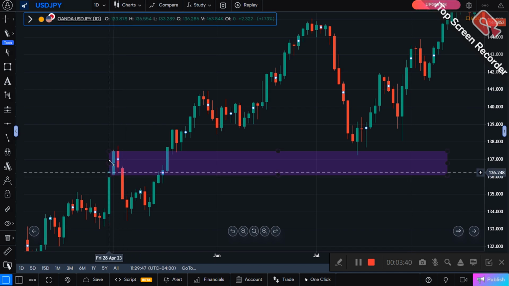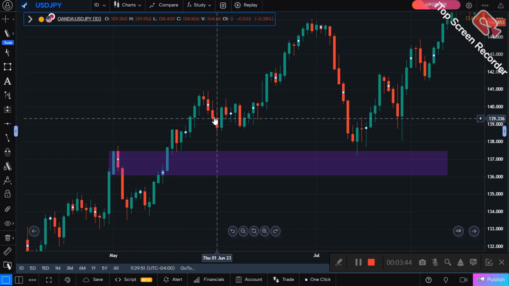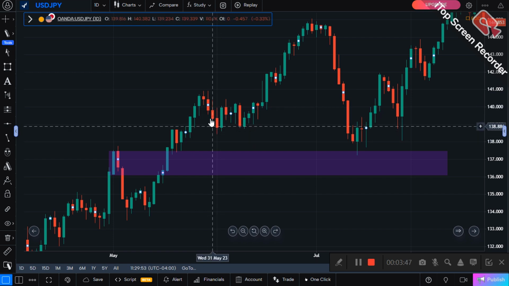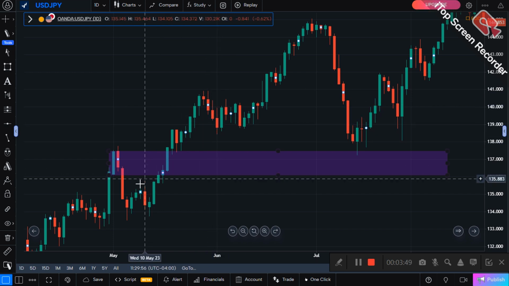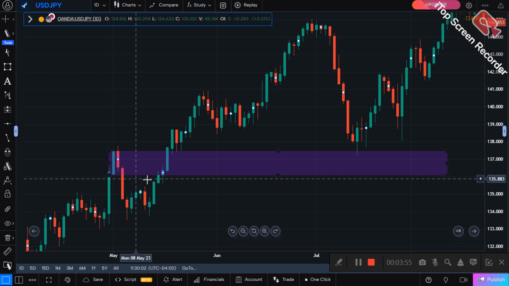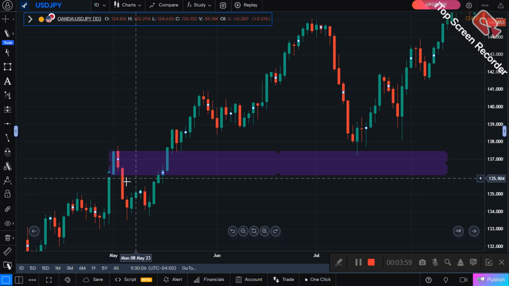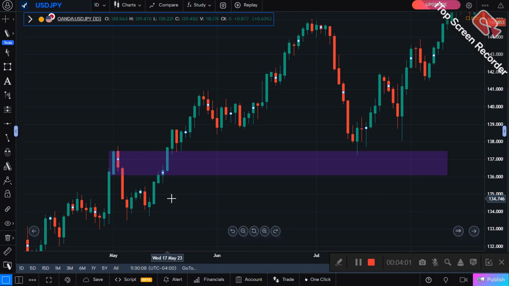This high order block I would not consider too powerful because they did not make too big a fair value gap. It's a double fair value gap like this. So this region is more powerful when this candle comes into this region, more powerful to go on the upside.